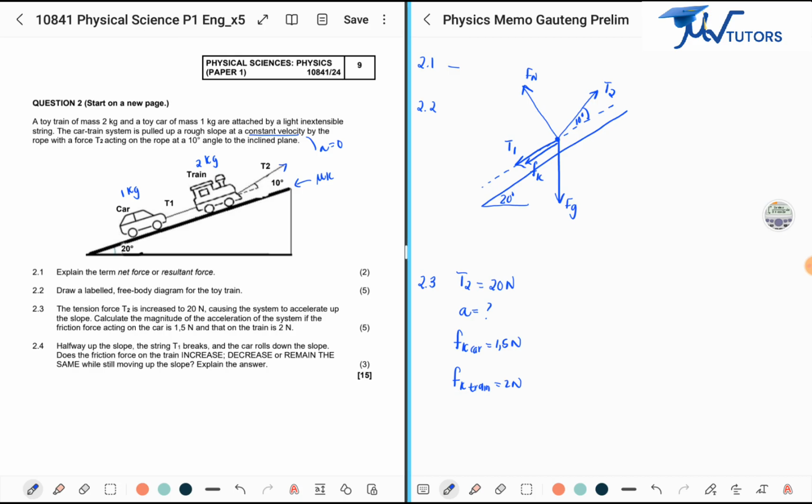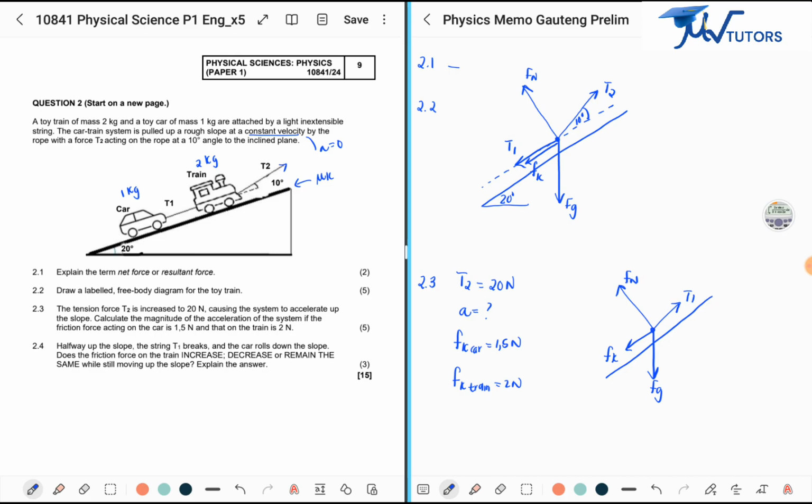Like I said, the free body diagram for the car is also necessary. So let's just do that for the car. Again, we have our gravitational force, we have our normal force, we have T1 pulling it up, and then we have the friction force taking it down.